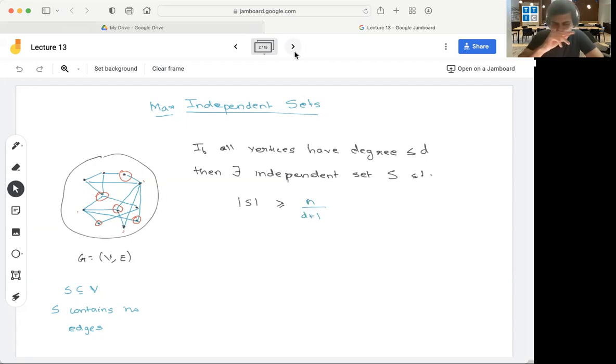In fact, we did find an independent set of size 5. So this may not be the best construction, but it can show that there is at least one large independent set. And pretty large if d is small. If d is, let's say, a constant independent of the size of the graph, then it's a pretty large independent set.